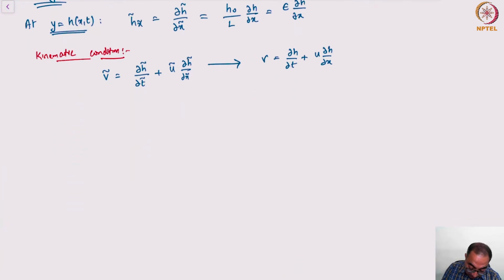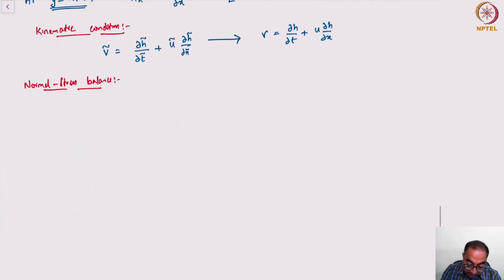Now the normal stress balance. I'll do it a little slowly to highlight what are the key terms that enter in the normal stress balance equation. So let's start by writing down what is the normal stress balance in the dimensionless form straight away.